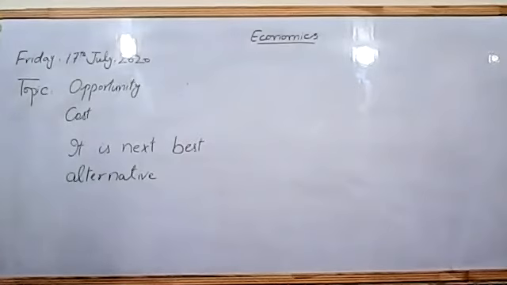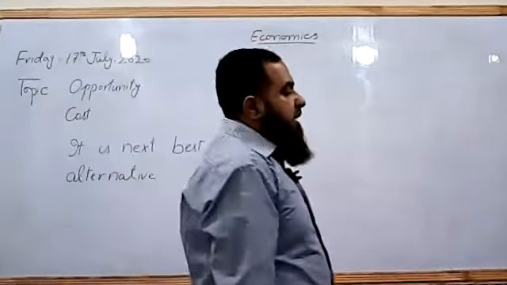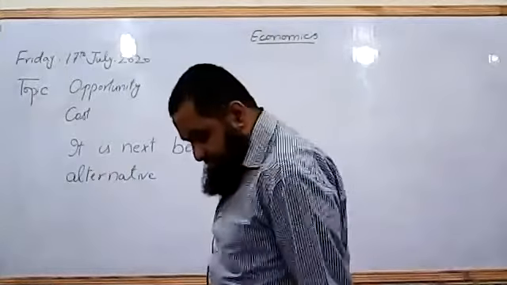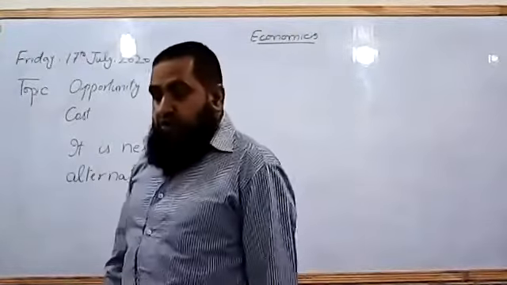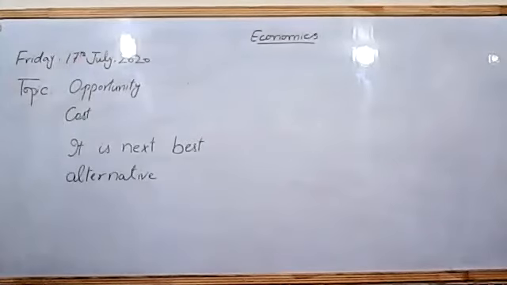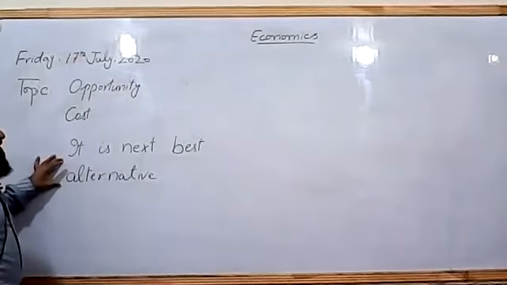And the same labor, the workers, can be used in different occupations to produce different types of goods and services. So it is due to their scarcity that the factors of production are limited in supply.